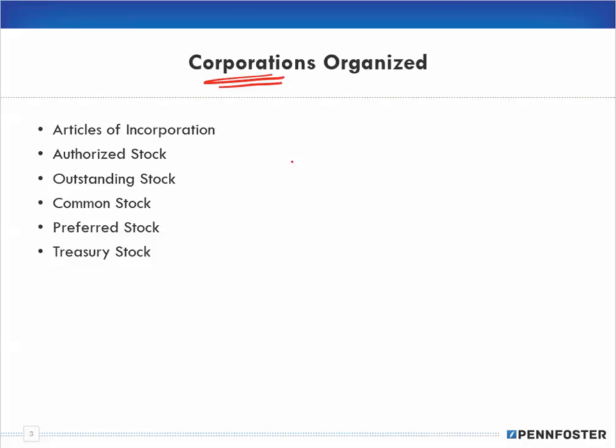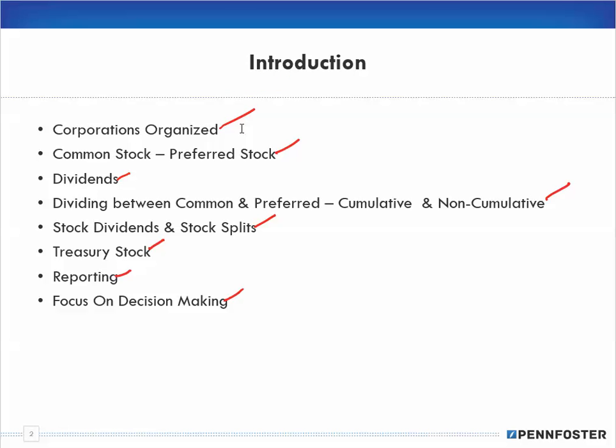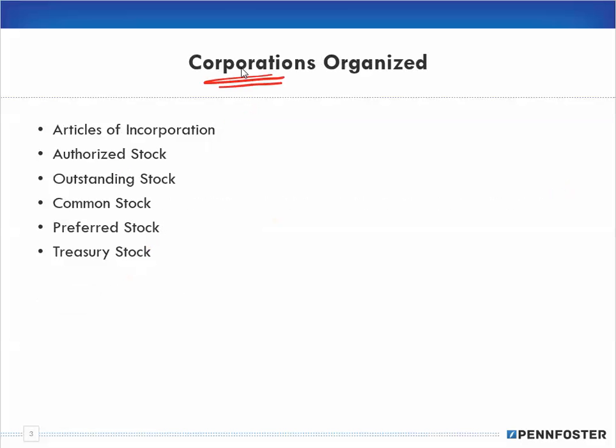Read the first few pages in the chapter, which cover a lot more terminology as far as the setup is concerned. I'm just going to give you an overview right now. Again, high level, all right, and then based upon what we move into in the next video where I start talking about common stock, preferred stock, it'll progress and get a little bit more in depth as far as stock is concerned.